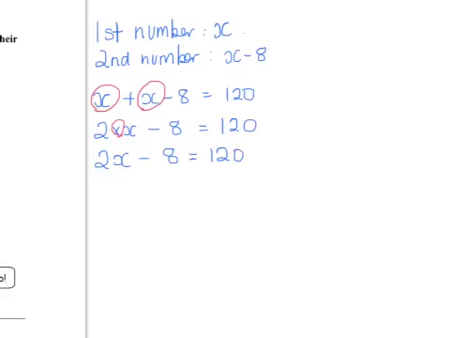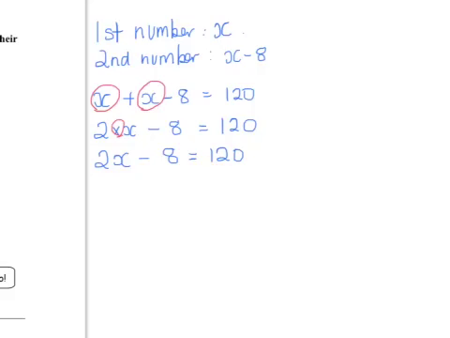Okay, now we still don't know what the numbers are, but we've now got an algebraic equation. It's an equation because it has an equal sign, which has a left-hand side and a right-hand side that are balanced so that the left-hand side is exactly equal to the right-hand side.